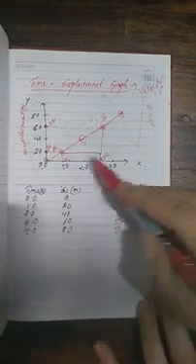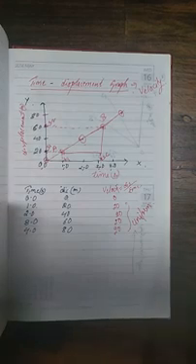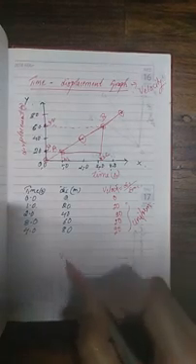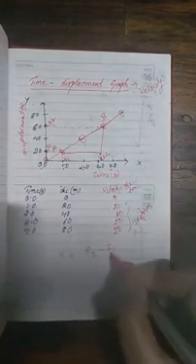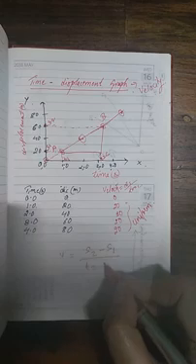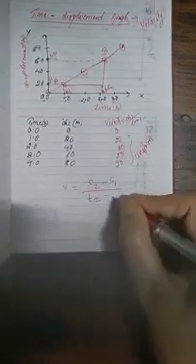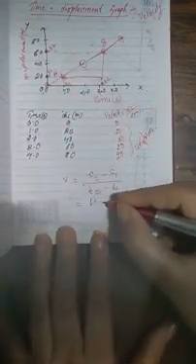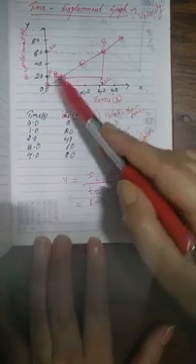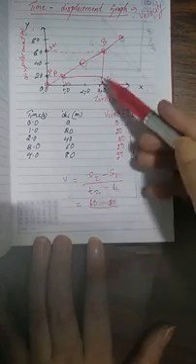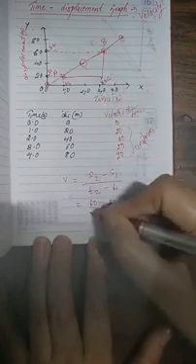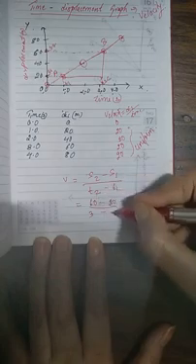Now, how do we calculate from the graph? From the graph, velocity is equal to S2 minus S1 divided by T2 minus T1. So your S2 from the graph is 60, S1 from the graph is 20, divided by T2, which is 3, minus T1, which is 1.